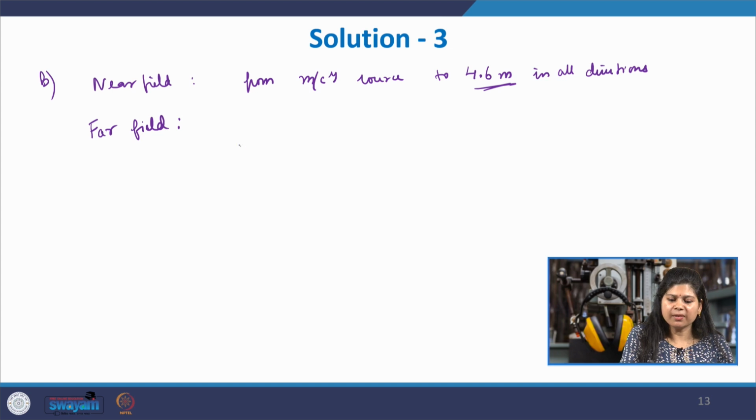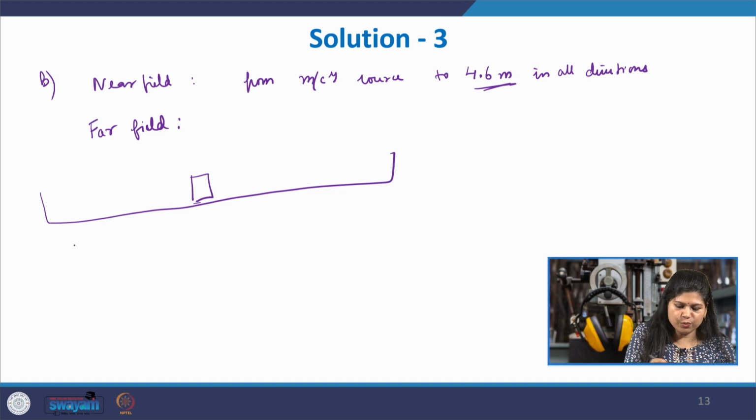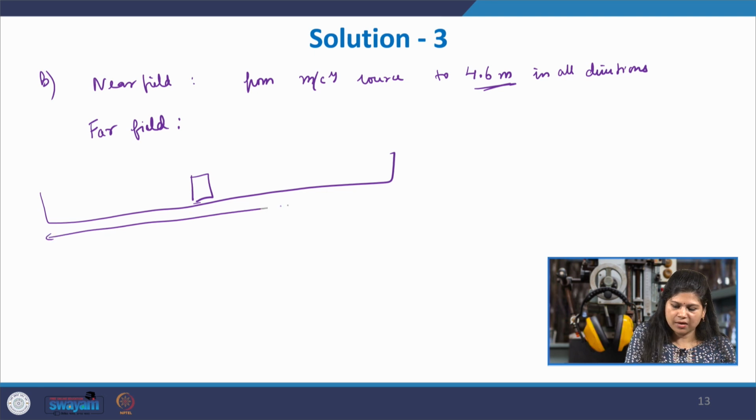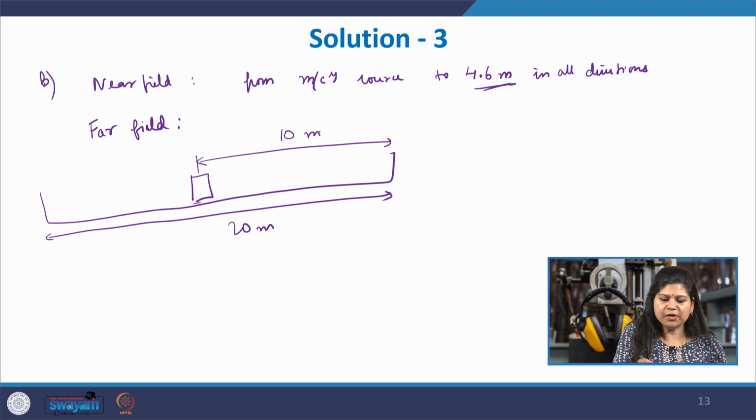Suppose this is your machinery here, and let us consider the largest dimension, which is 20 meters. So, this distance here is 10 meters. The far field would be, for the largest dimension, from 4.6 meters up to 10 meters till the room surface.